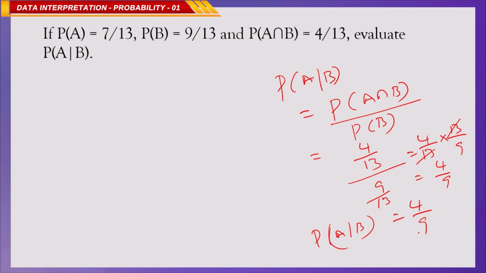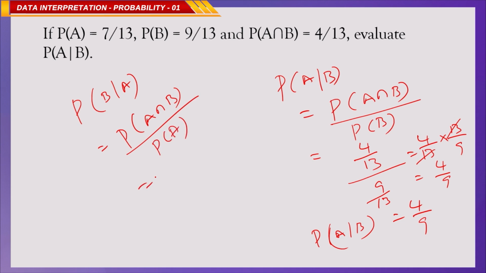If the question is asked as P of B by A, what is P of B by A? P of A intersection B by P of A. A intersection B is 4 by 13 and P of A is 7 by 13, correct, means 4 by 13 times 13 by 7. 13 gets cancelled, giving 4 by 7.